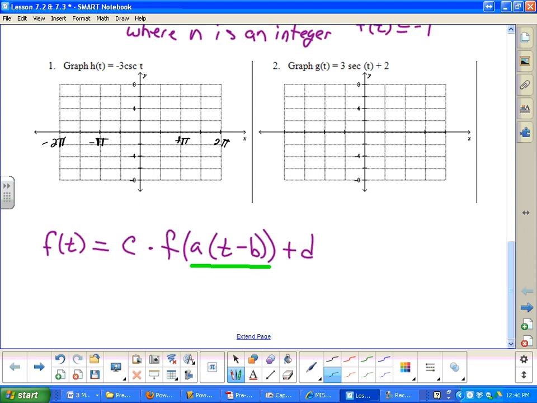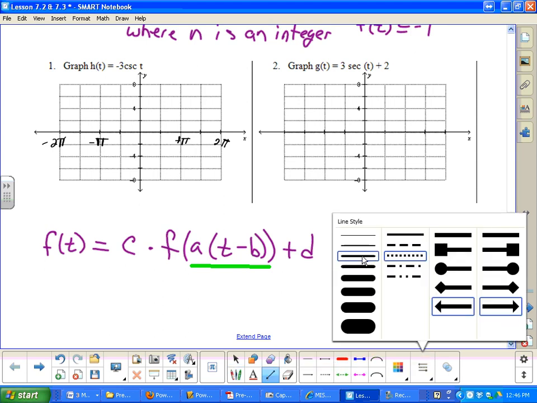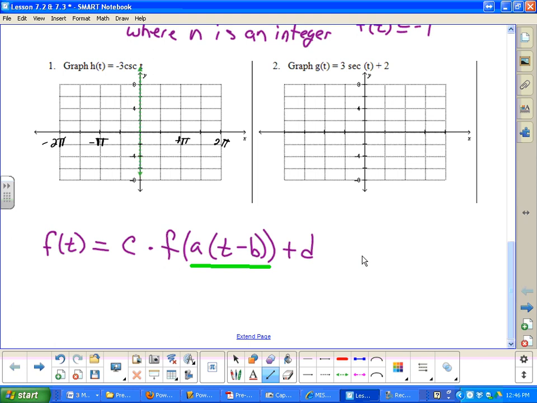So that's where we're going to have vertical asymptotes. If I'm multiplying my y values by negative 3, is that going to change where the asymptotes are? No, it's not. So I can go ahead and put those asymptotes in there at 0 and any multiple of pi.